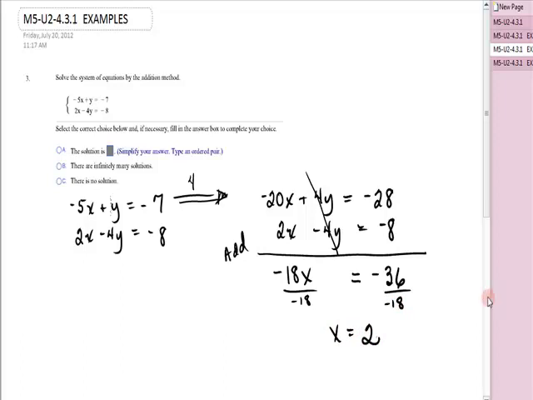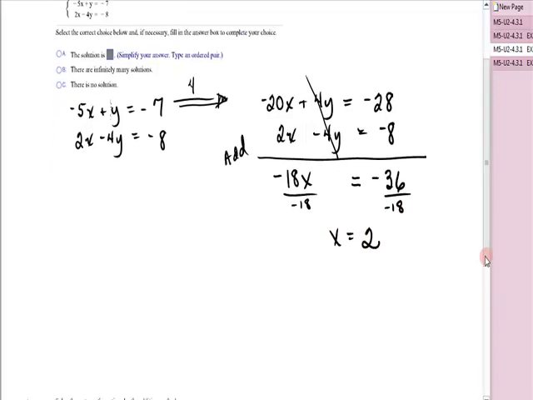Now, it does not matter, we've said this before, when you're going to now find y, it doesn't matter which equation you use. It doesn't matter whether you pick one of the original equations or one in the new system. It just doesn't matter.